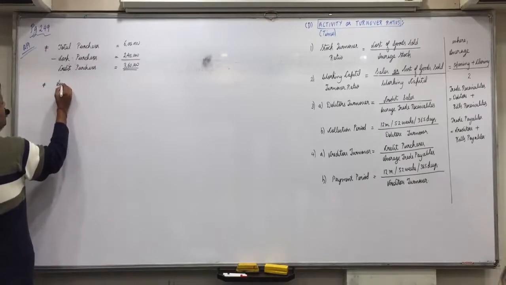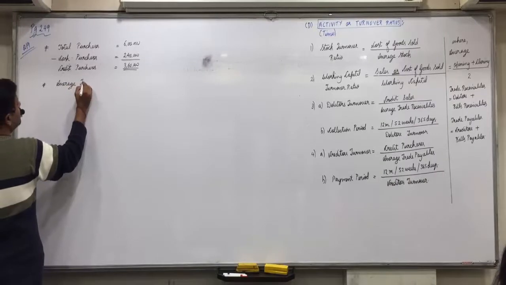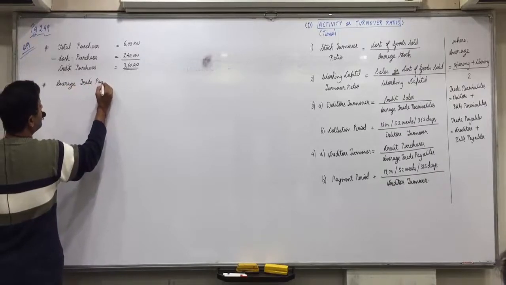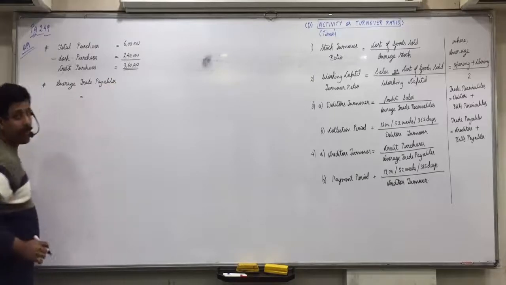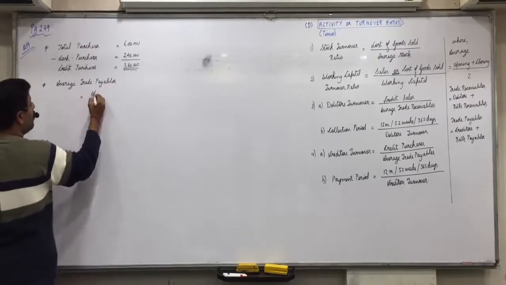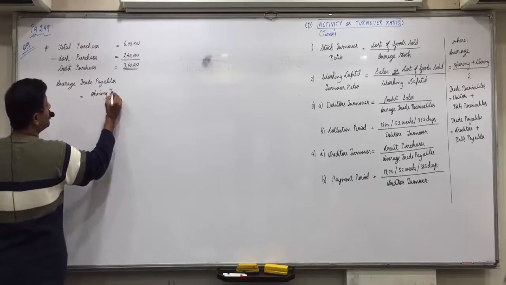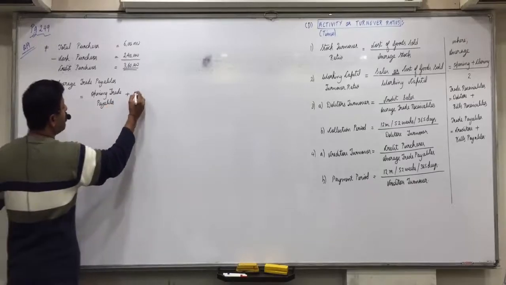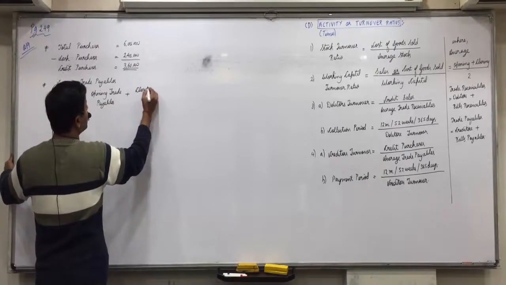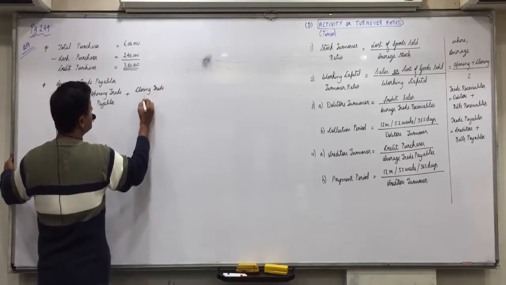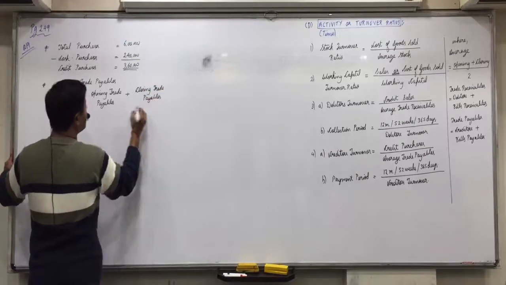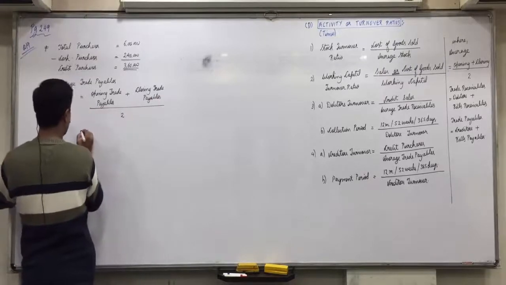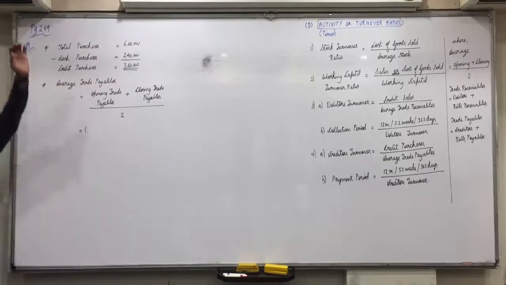Now average trade payables is equal to opening trade payables plus closing trade payables, divided by 2. Now as we did in the previous question, trade payables will include creditors and bills payable.